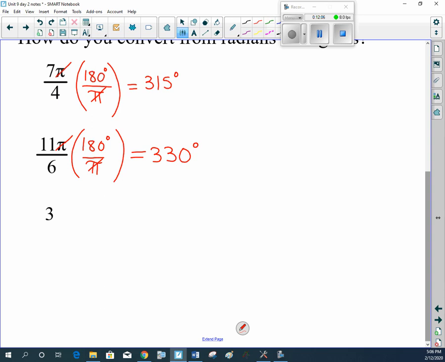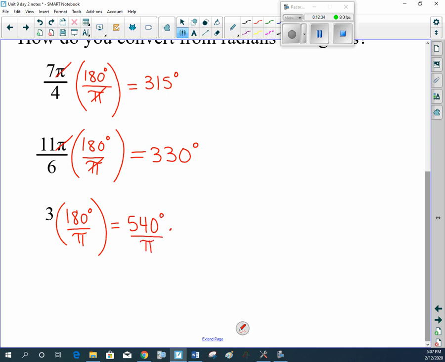And then down here, this one, I know this is not 3 degrees because I don't see a degree symbol. This is radians. So if I want to change it to degrees, I'm going to go 180 over pi. Now, typically, we wouldn't leave the pi in the denominator on this one. So we wouldn't write it 540 degrees over pi.